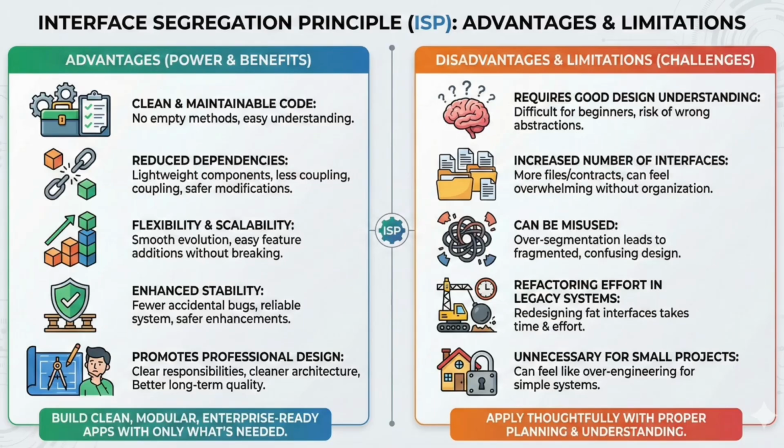Finally, it may feel unnecessary for very small projects. For small or single-purpose systems, too many segregated interfaces may feel like over-engineering. So while ISP is extremely valuable, it should be applied thoughtfully, with proper planning and architectural understanding.